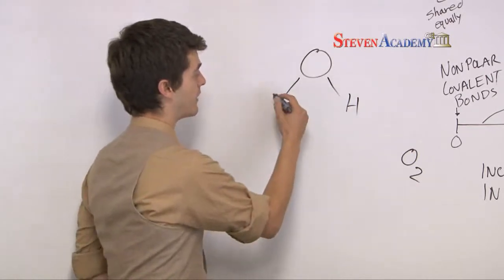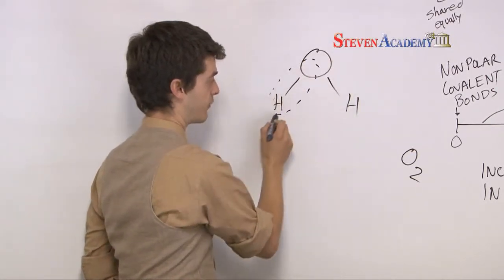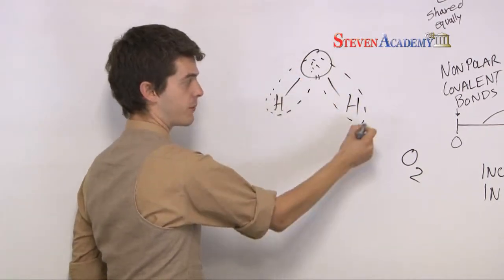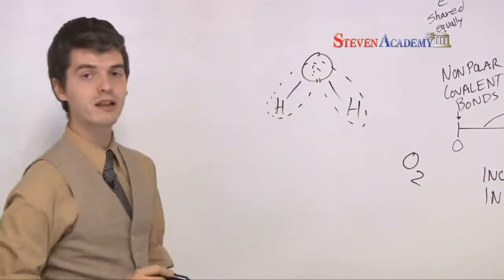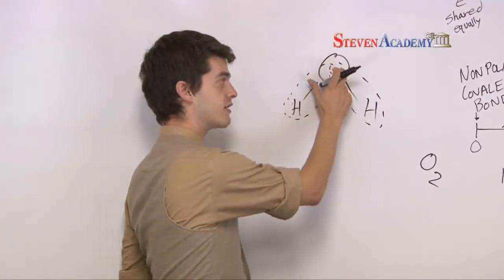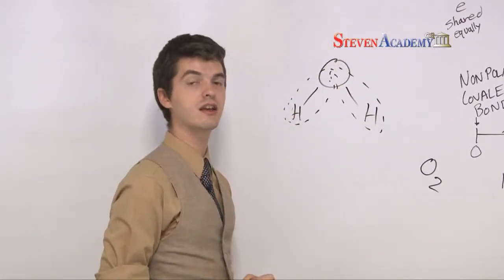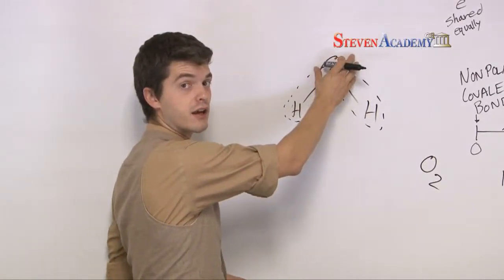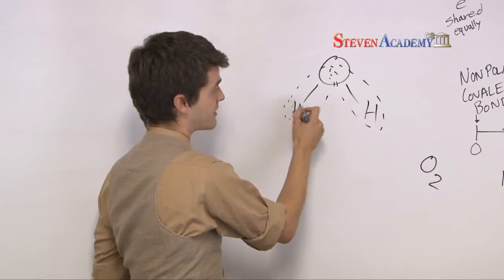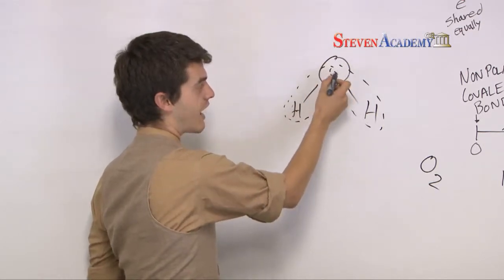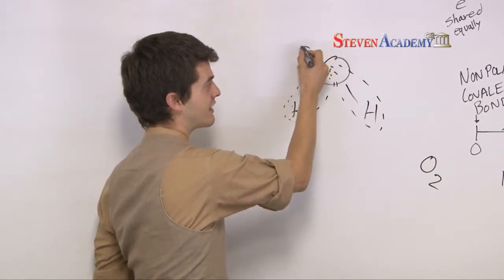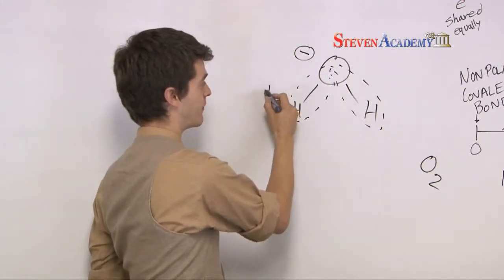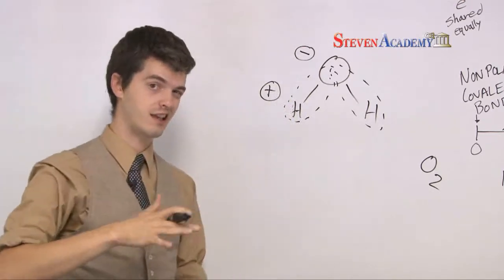But what ends up happening is as these electrons are being shared back and forth, so there's one pair of electrons getting shared with this bond, there's another pair of electrons getting shared with this bond, what ends up happening is because the oxygen has a much greater electronegativity, it ends up pulling the electrons to spend more time over at this side. Okay? So the oxygen is going to end up being slightly more negative-ish, and then the hydrogen is going to end up being slightly more positive-ish.